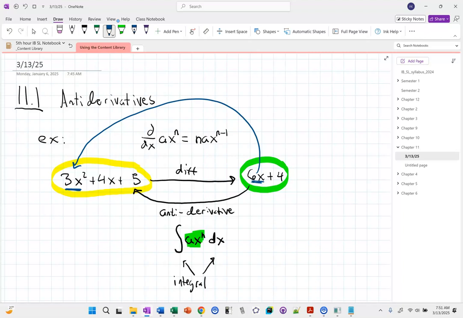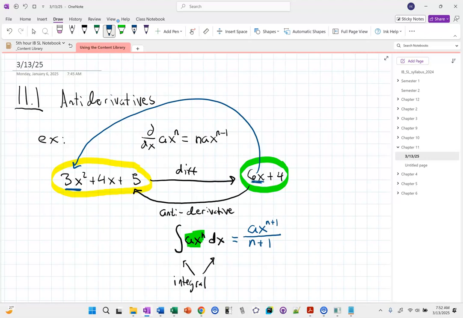So in general here, what we're going to be doing is we're going to add 1 to the exponent and divide by that new exponent.